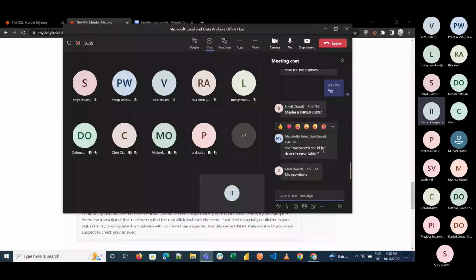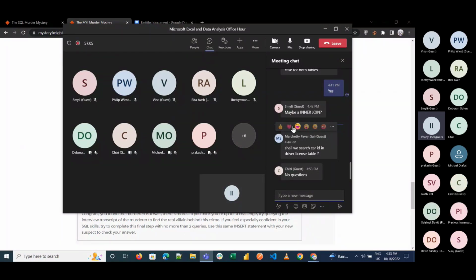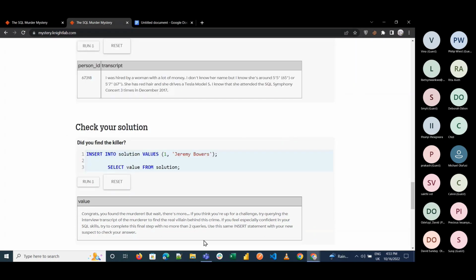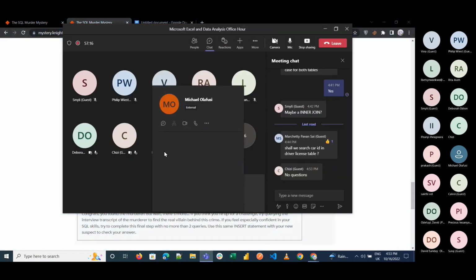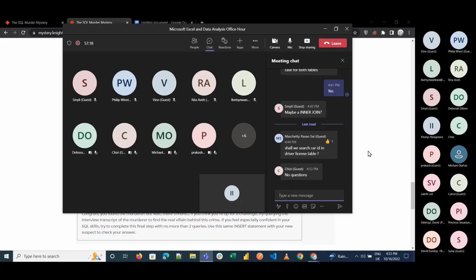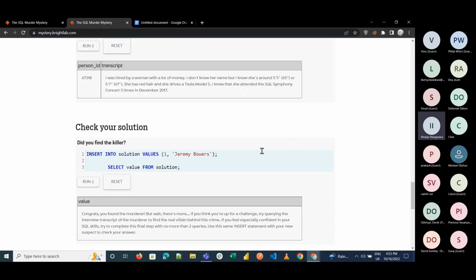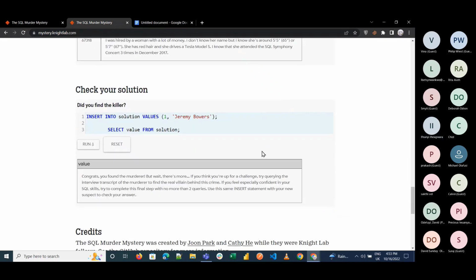Shall we share the car ID in the driver license table? Yeah, that's what we did. We shared the car ID in the driver license table. So are there any questions so far?